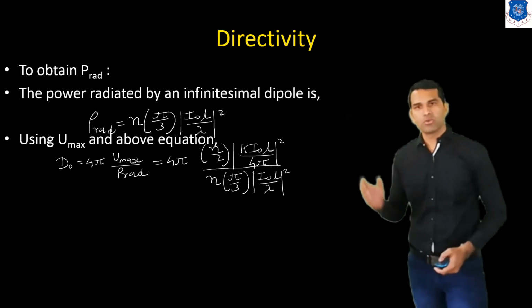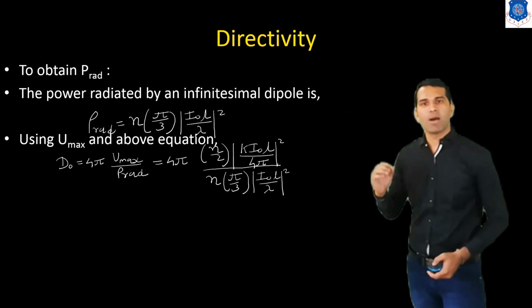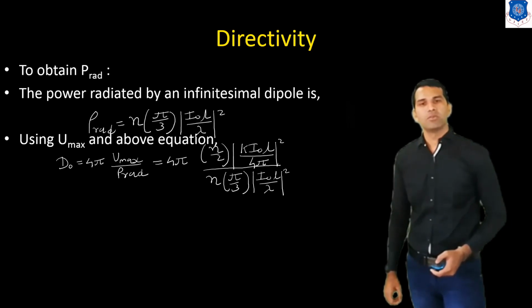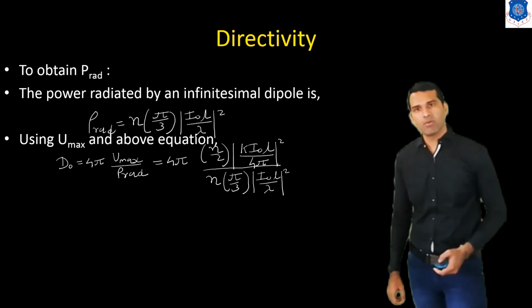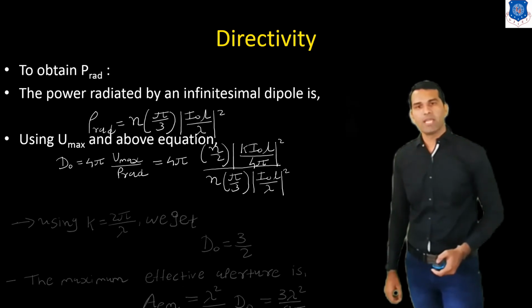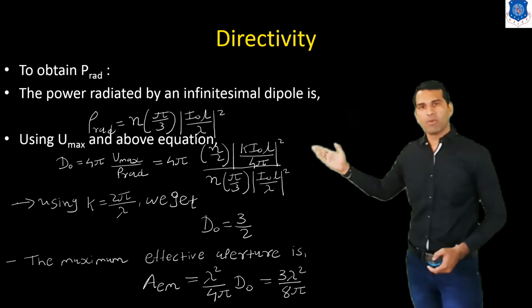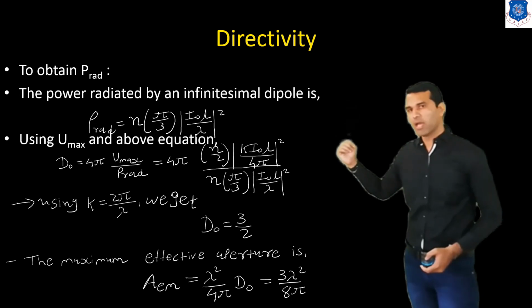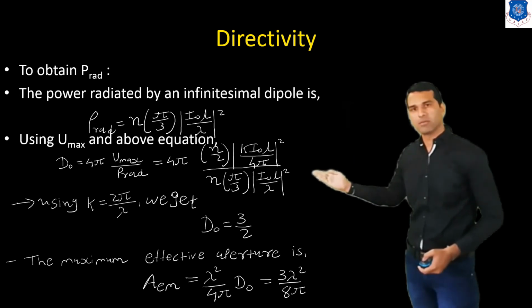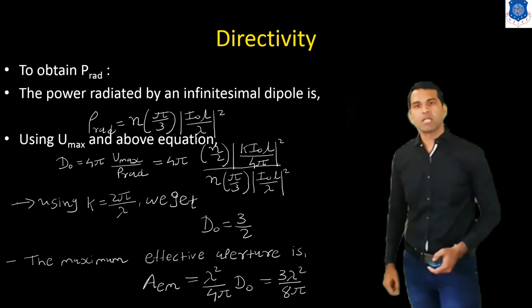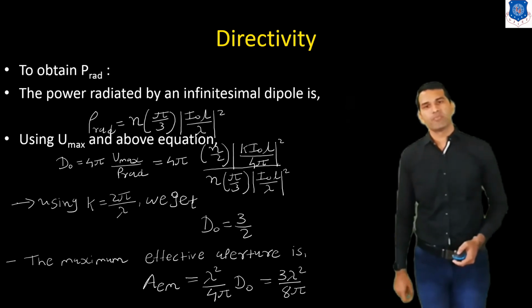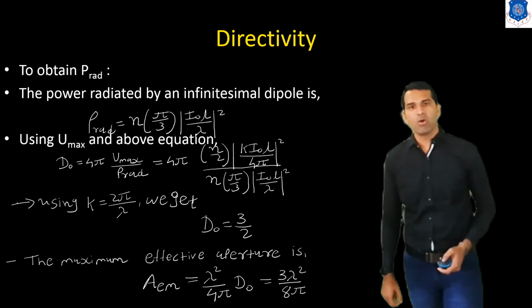Now we substitute these values, the power radiated and U maximum, in the directivity equation. Using K is equal to 2 pi by lambda, we get D0 is equal to 3 by 2.